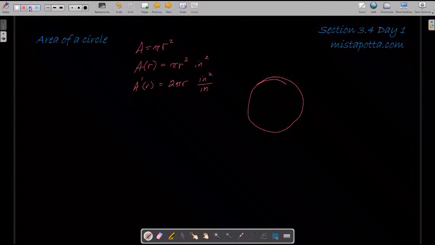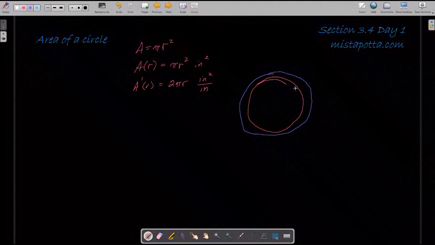And so when my area increases, it's going to increase at that circumference boundary. It's going to increase where the circumference is, because it's going to increase equally in all directions. And of course, my circumference is given by the formula 2 pi r.